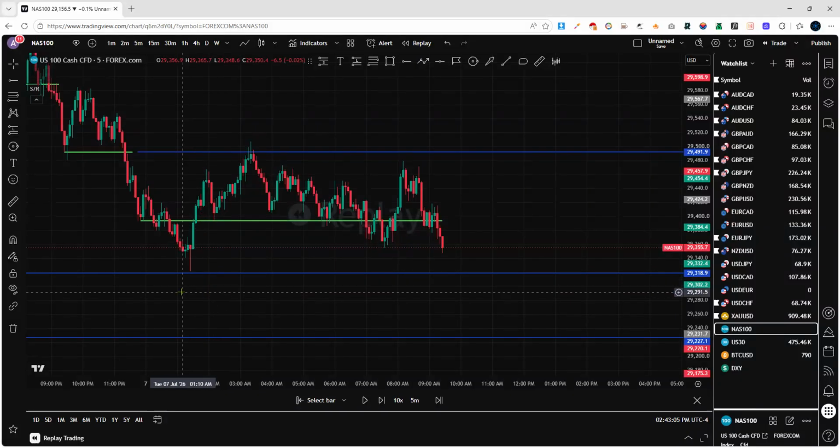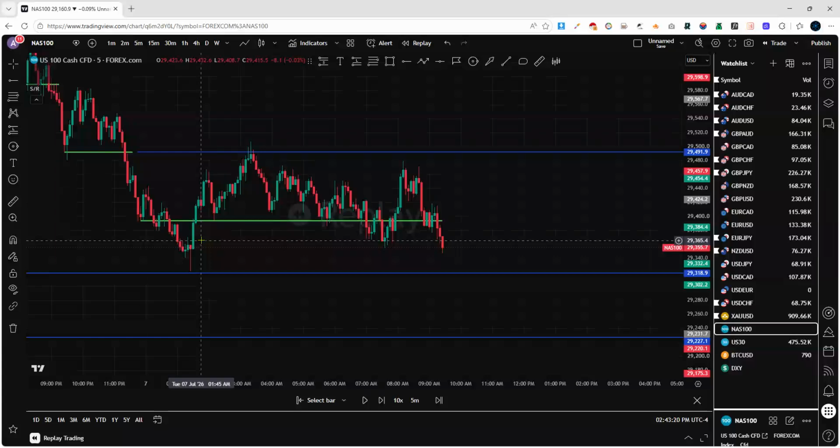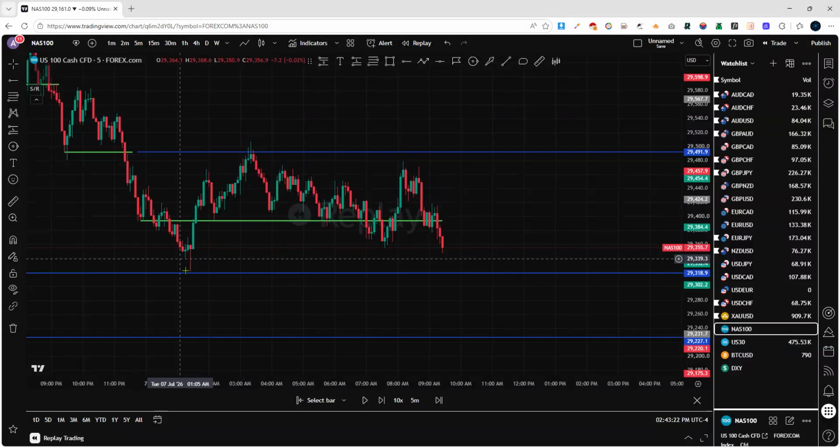Pretty much all my strategy is that I like to wait until I get a rejection candle at a zone. And I like to get that engulfing, which I call a launch pad candle or pattern. Then I like to get a micro or macro retest. It is engulf and retest.